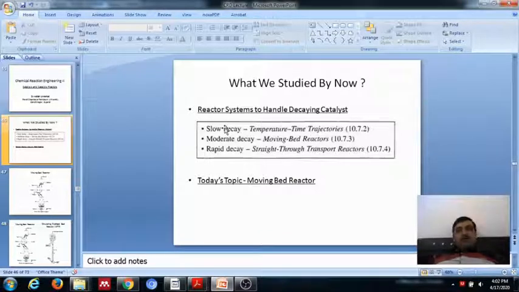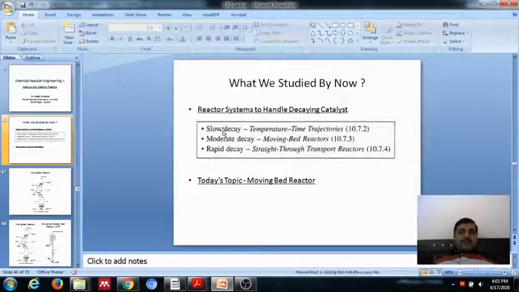We have developed an expression which talks on how the temperature has to be increased for a reactor with time so that the rate of reaction remains constant from the initial temperature to the elevated temperature, so that the decay of a catalyst does not hamper the conversion or throughput from the process.